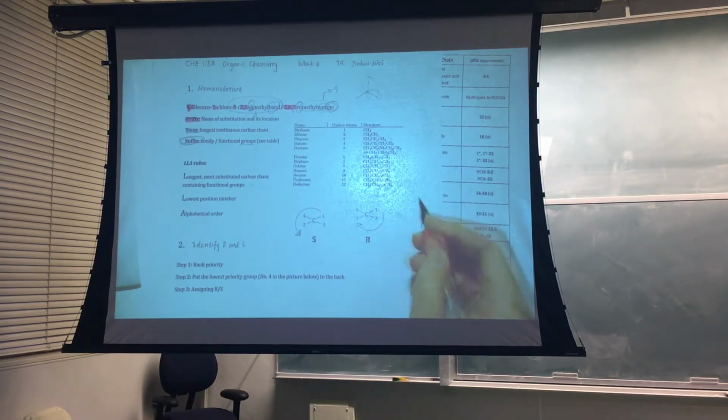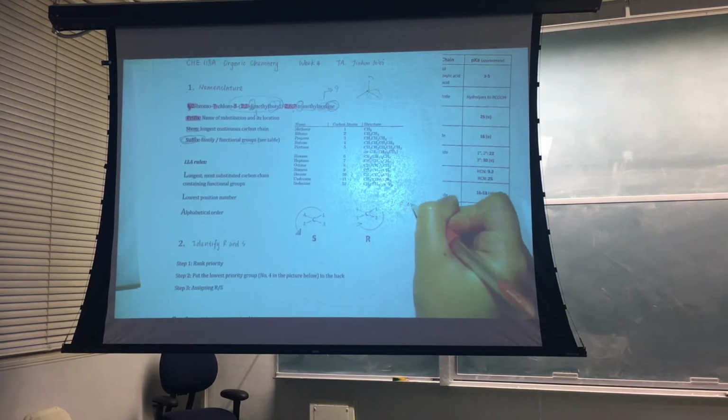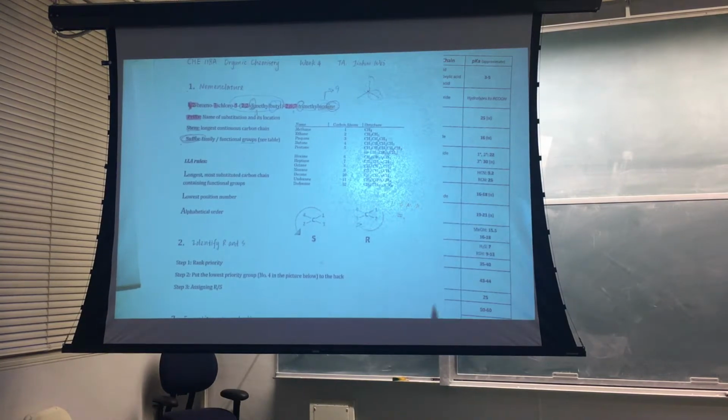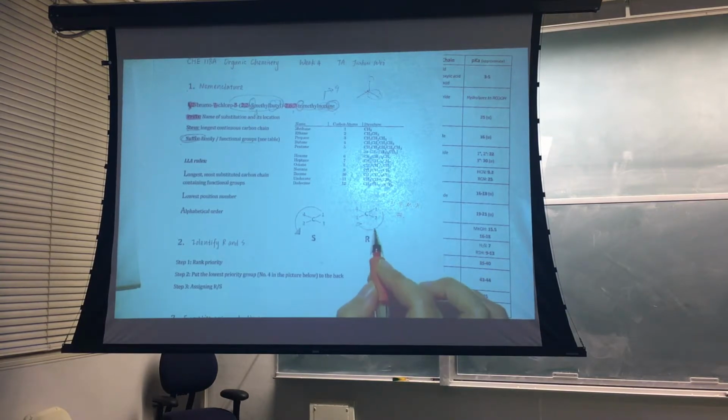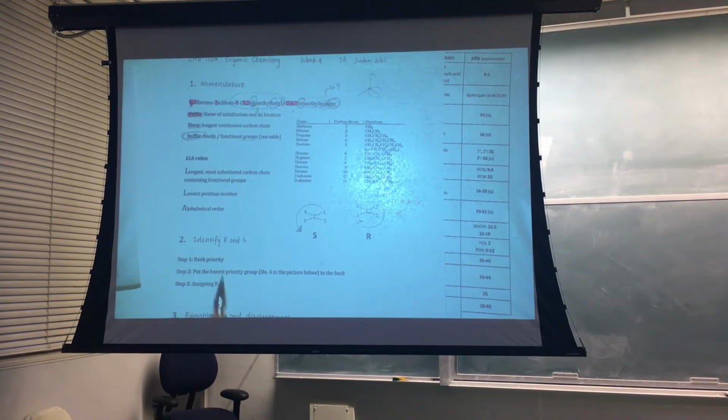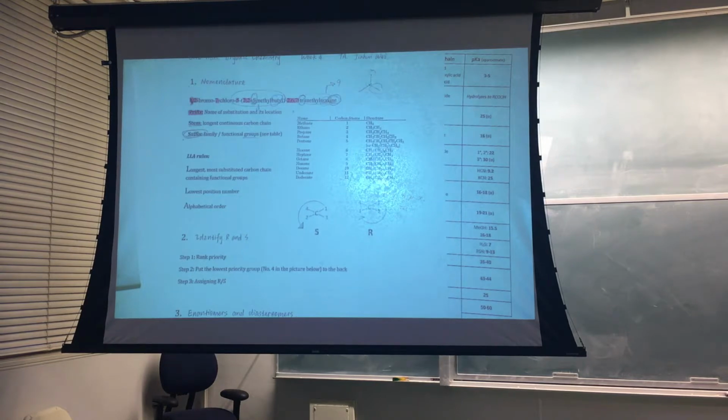Usually the highest one is oxygen, nitrogen, halogens, or something with a double bond. That's very common, I would say. And then you rank the rest by priority. That's the number 1 step. So rank the priority, and then put the lowest priority group to the back.